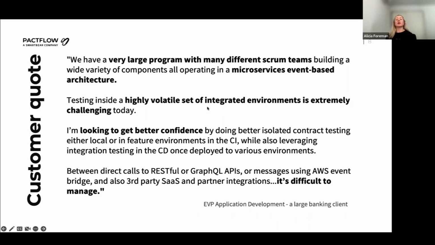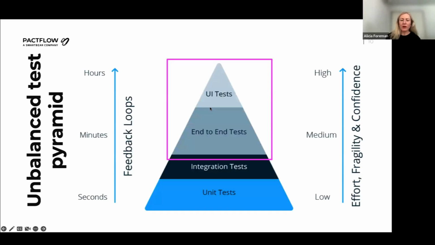So if we take a look at the test pyramid, I'm sure most attendees are really familiar with the test pyramid as a framework to plot out modes of testing across the software development lifecycle.